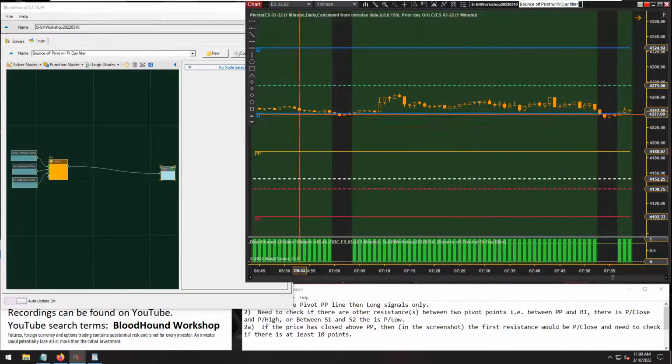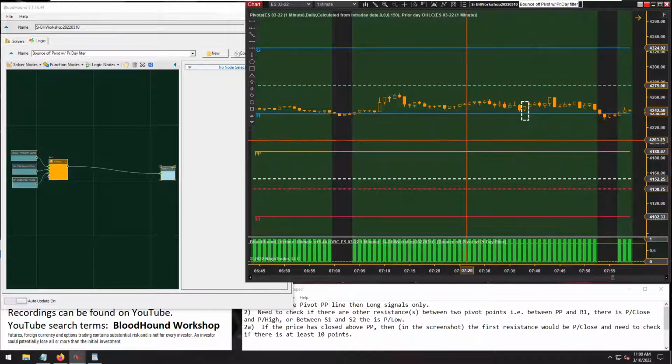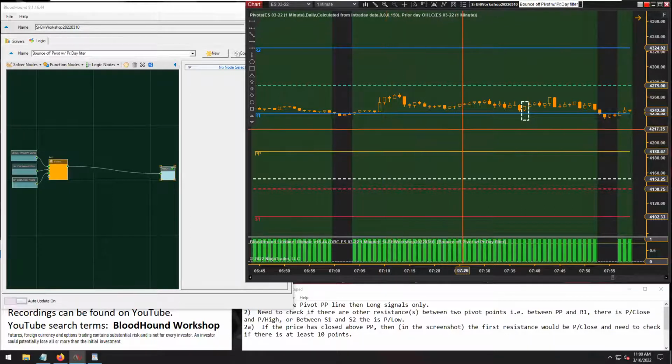All right, it looks like we might have a bounce right here. Yeah, that looks like it could be a bounce there.